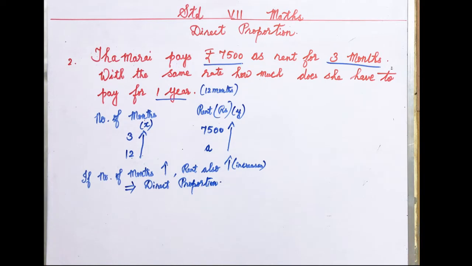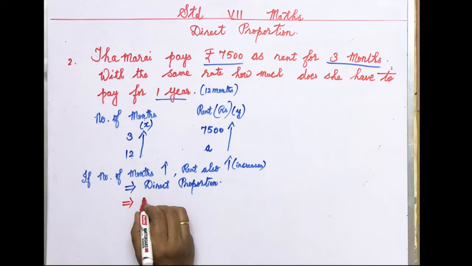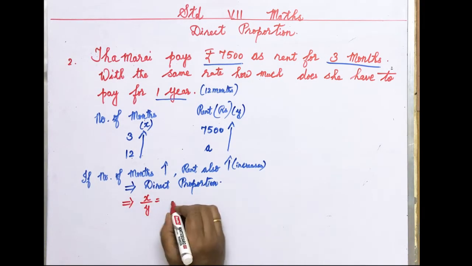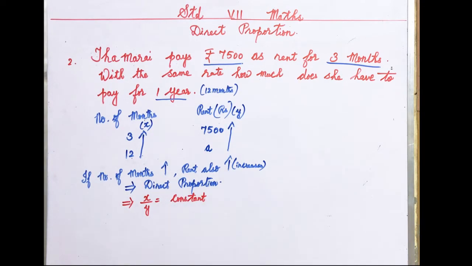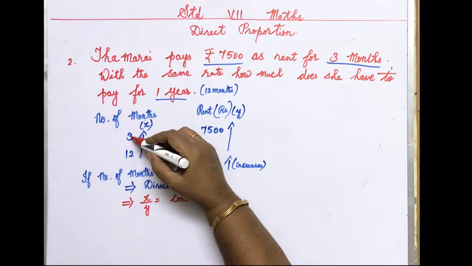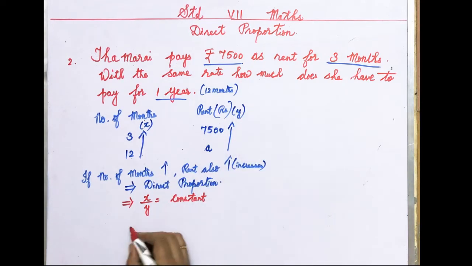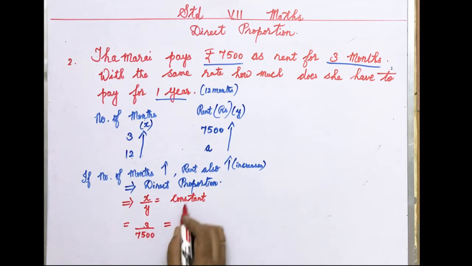In direct proportion, which is constant? The ratio of two quantities is constant. That is x by y equal to constant. So what is x here? X is the first number, that is 3, divided by y, which is 7500, is equal to, in the second line, 12 divided by y, which is a.